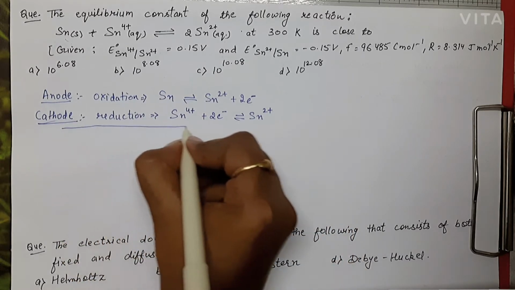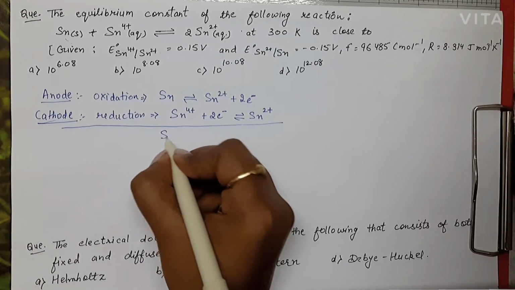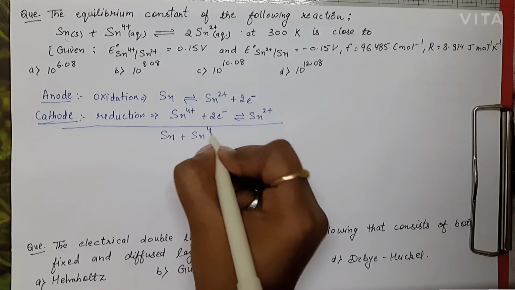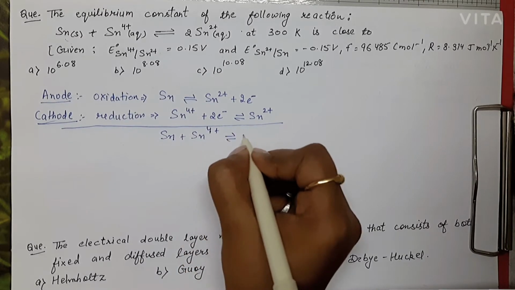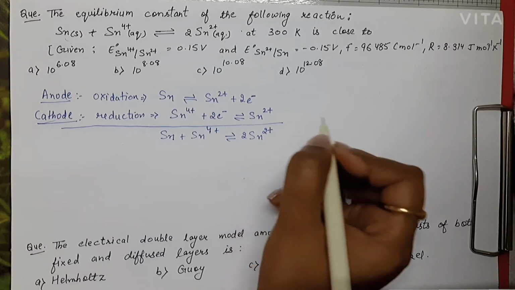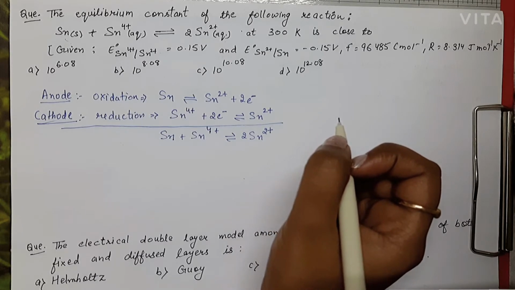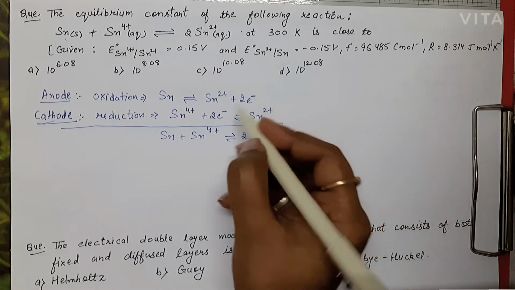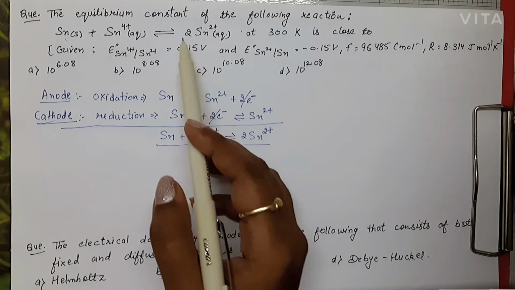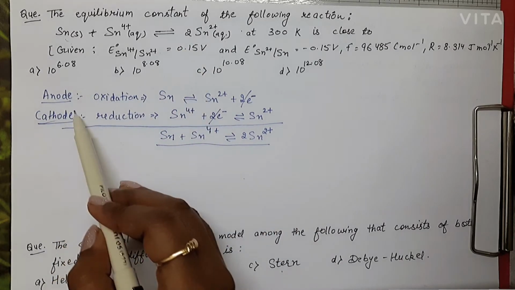So the overall reaction will be, okay, this will be the overall reaction. Right, this is the reaction which is given to us in the question itself. So this will be the reaction at anode and this will be the reaction at cathode.